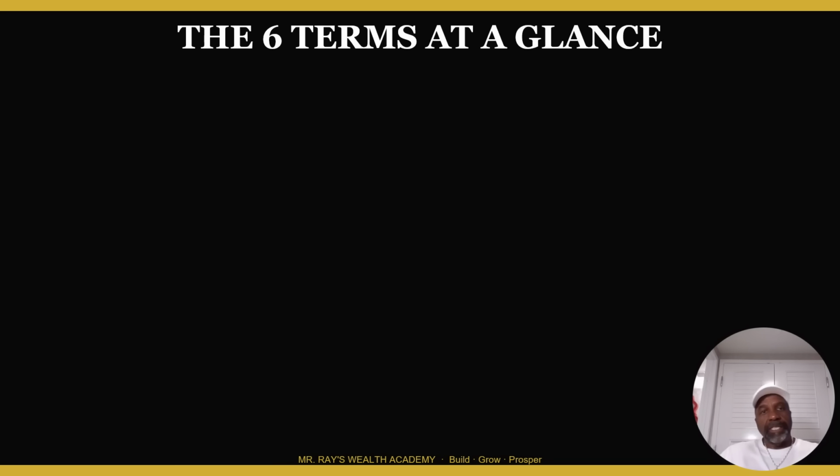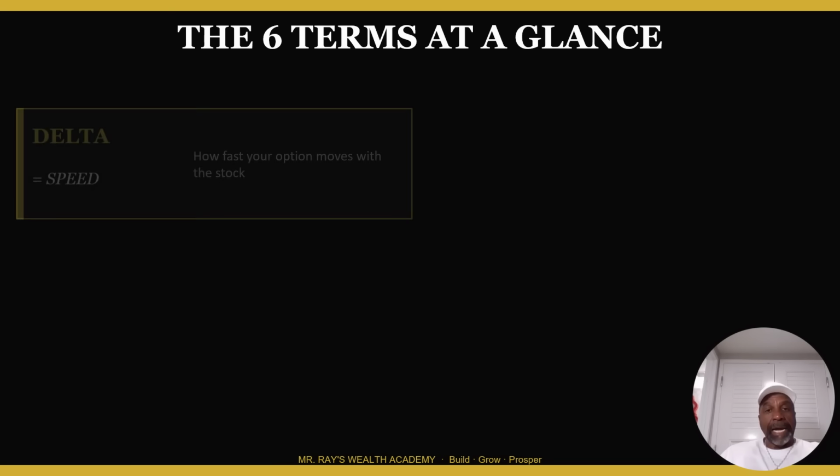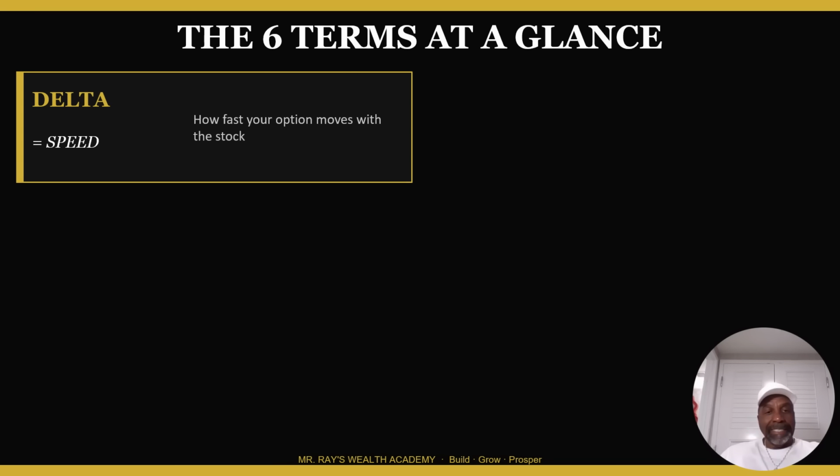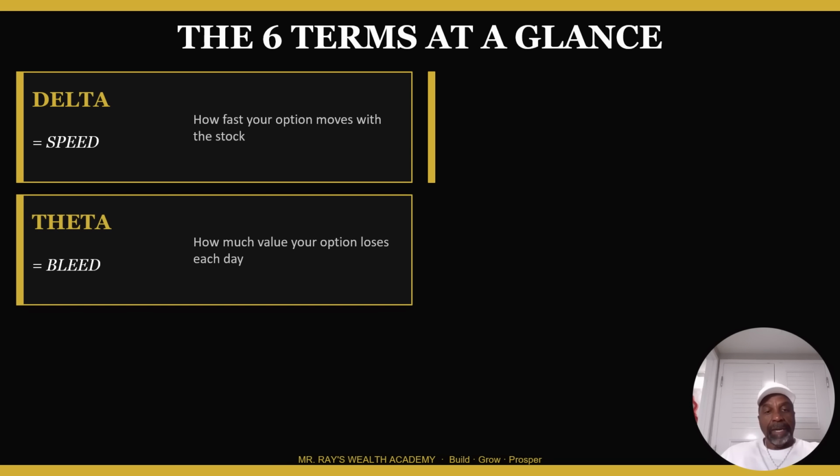All right, so the six terms we're going to talk about today, they are referred to as the Greeks, okay? And each one of them represents something different in regards to stock options. The first Greek is delta, and that is speed. That's how fast your option moves with the stock, okay? Then we have theta, that's the bleed.